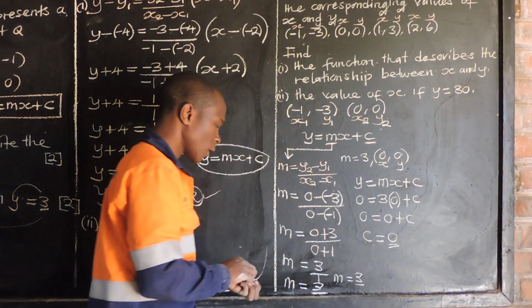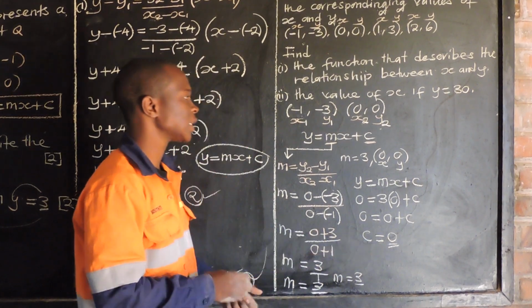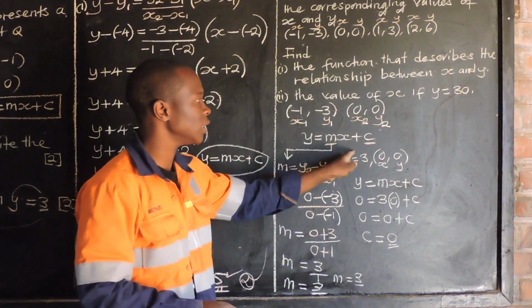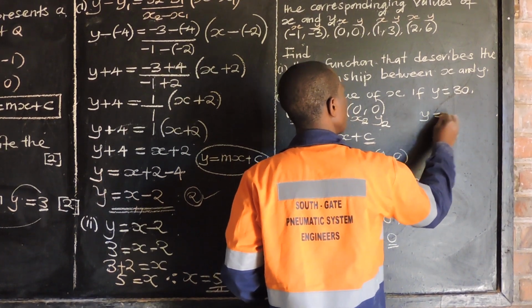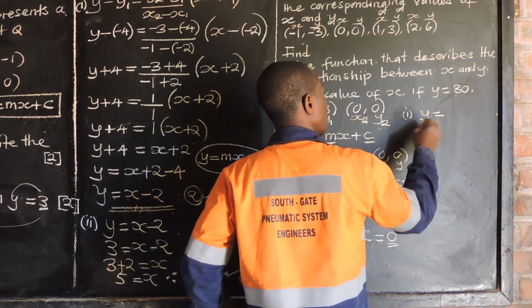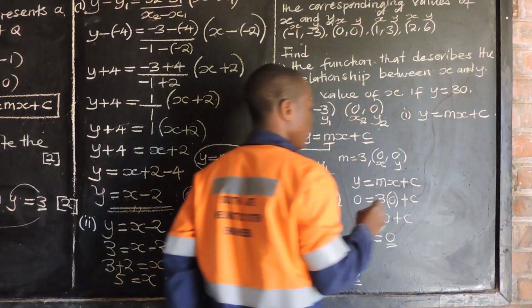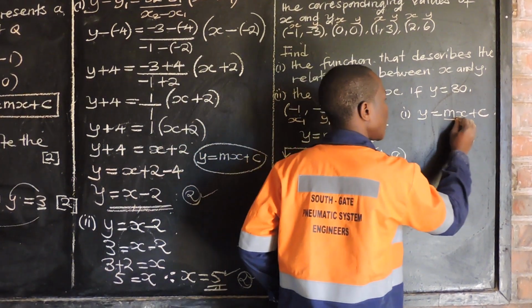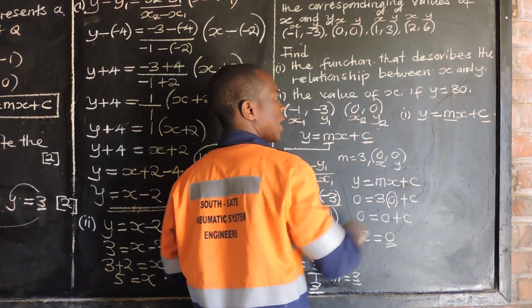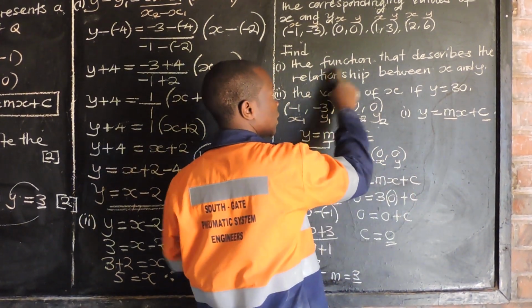So having known m to be 3 and c to be 0, you just substitute in this equation. This is Roman numeral 1. Y is equal to mx plus c. Where there is m, put the value of m, and where there is c, put the value of c. x and y should remain as part of the formula of the function.